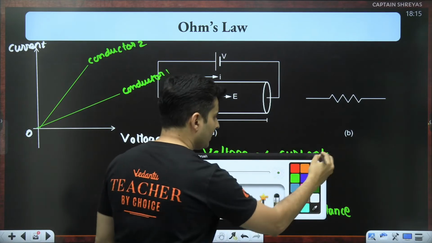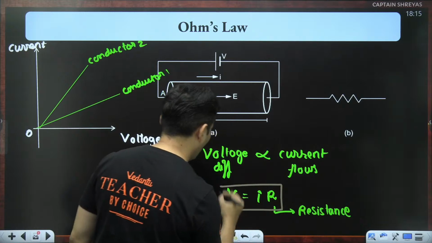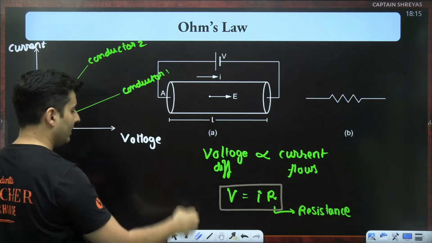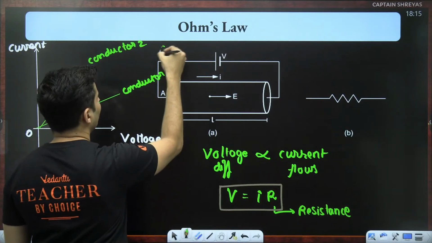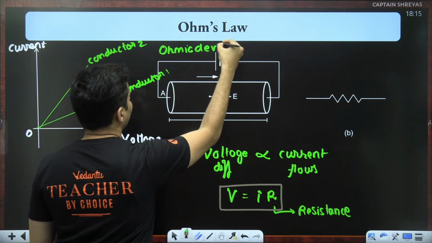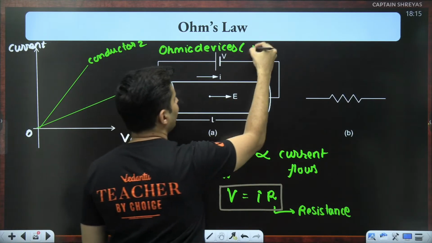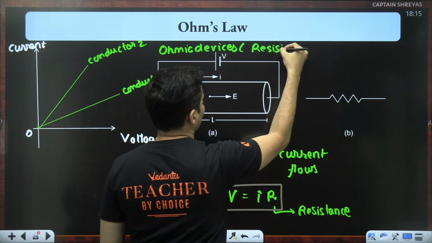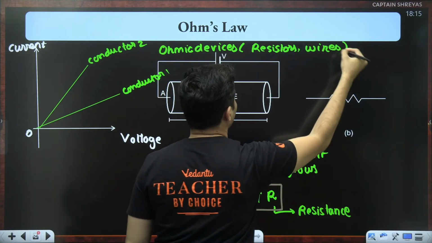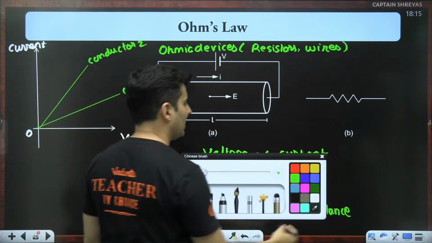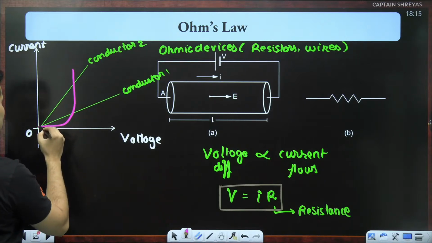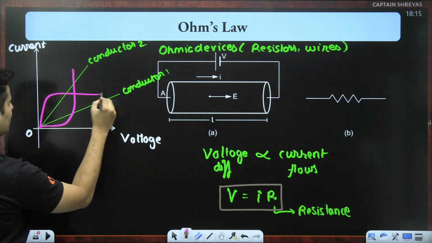So this is the basic way of writing your Ohm's law. But remember, this is only valid for ohmic devices. Ohmic devices are like resistors or wires, basically conductors, etc. There are many devices which are non-ohmic in nature, and for them the graphs might look like this or like this.